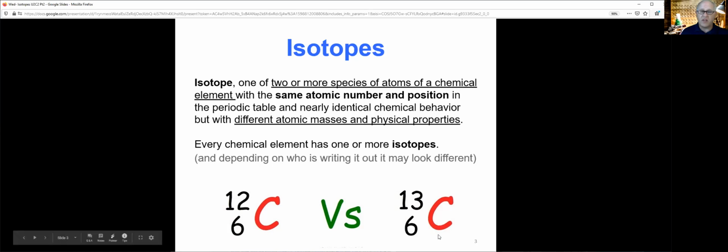And over here on the right, we have carbon. We have our elemental number 6. But now I have a mass of 13. And so this one's going to be called carbon 13. They're both carbon, but they're a different species of it. Let's get into it.